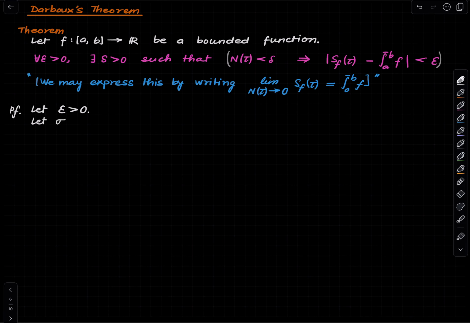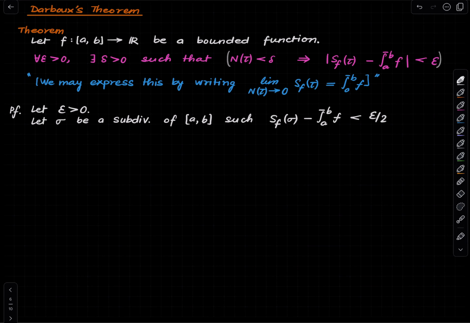So let sigma be a subdivision of the domain such that the upper sum corresponding to sigma approximates the upper integral with an error of, let's say, epsilon by 2. Why epsilon by 2? You will see in the proof.